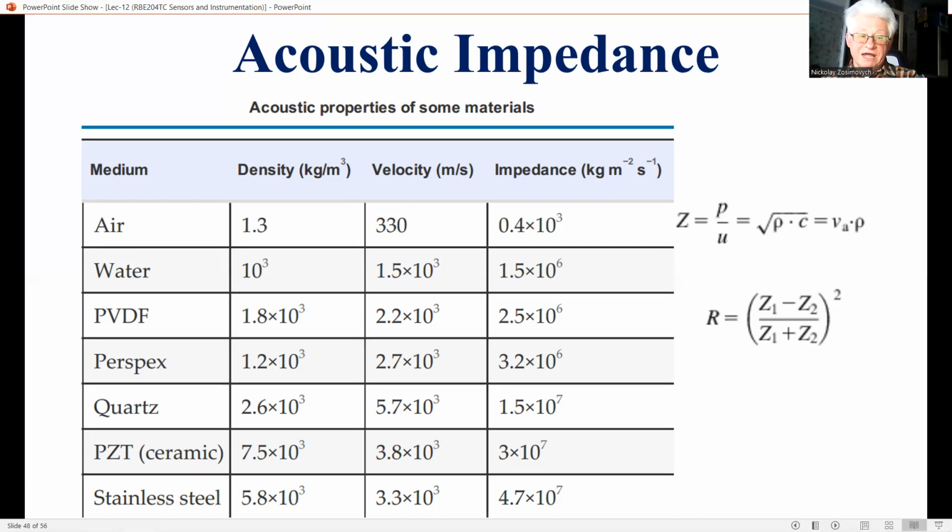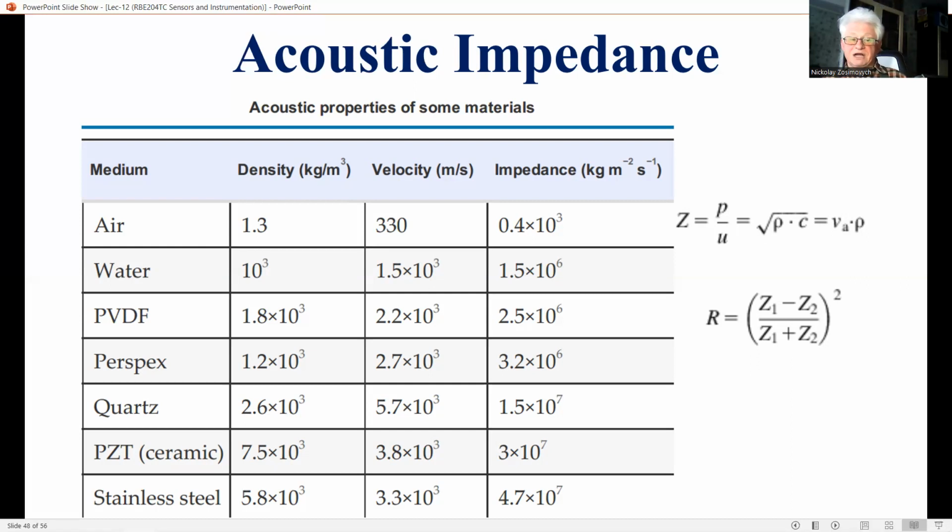When a sound wave arrives at such a boundary, part of the acoustic energy is reflected back and the remaining part enters the other medium. The amount of reflected or transmitted energy can be expressed in terms of the acoustic impedance. For sound waves, Snell's law applies to calculate the direction and amplitude of the refracted sound.